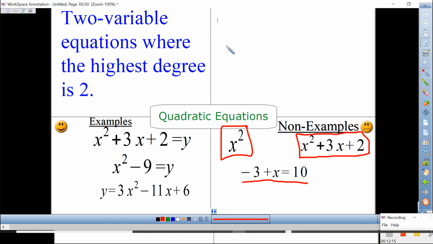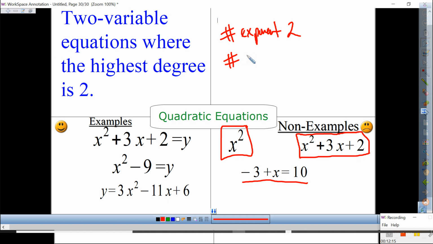Alright, so you take a picture of this, send it on your social media, and you say quadratic equations are hashtag what? Brianna. What is it? Okay, I couldn't hear, sorry. You said always an exponent. Exponent of what? 2. Let's go. Okay, good way to start. Hashtag what, Juliana?